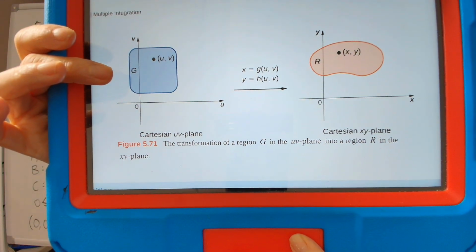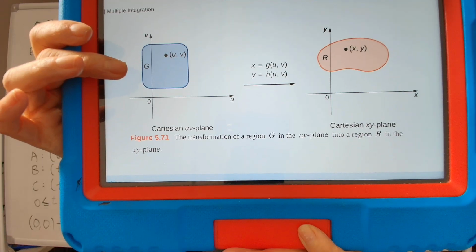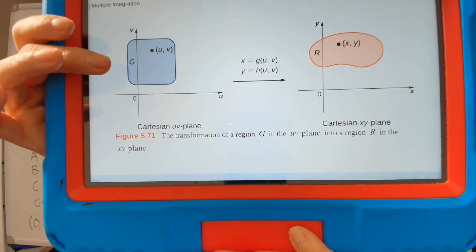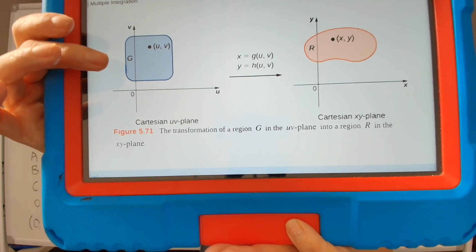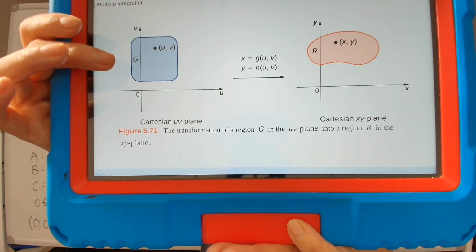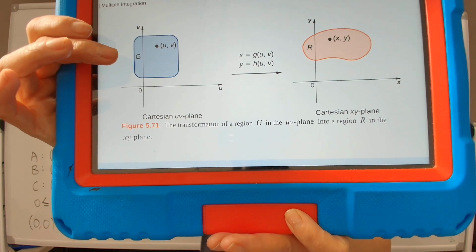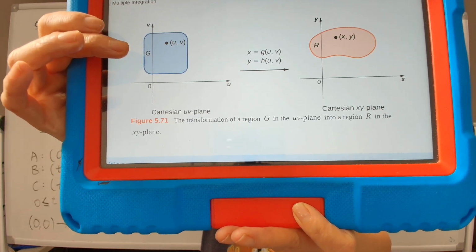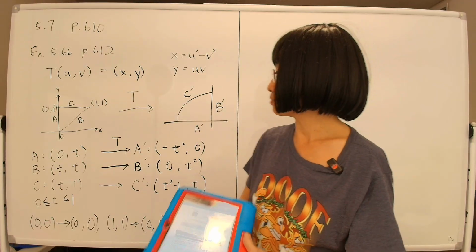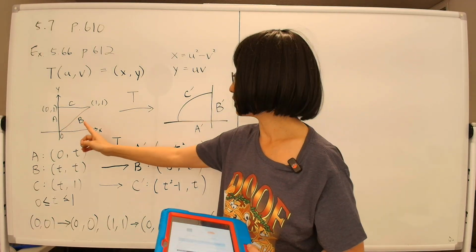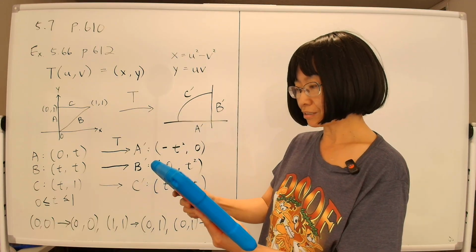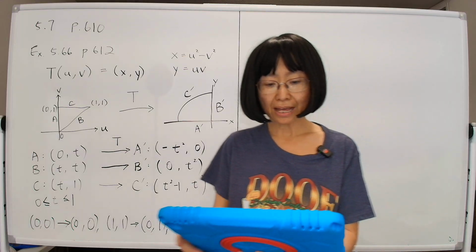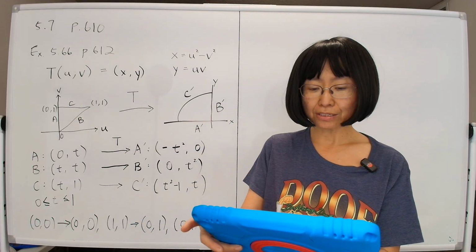A transformation is a function such that x is a function of u and v, and y is also a function of u and v, and the functions give you a new value of (x, y), which you plot in a new place. That's called a transformation. It takes something from the old place to the new place. Having said that, please do example 5.65 as part of your homework.